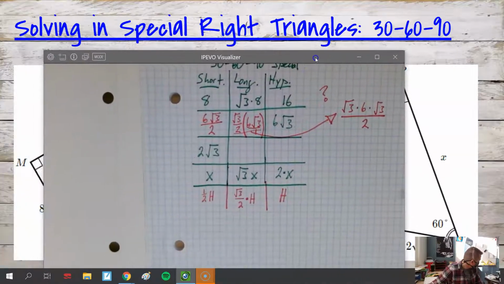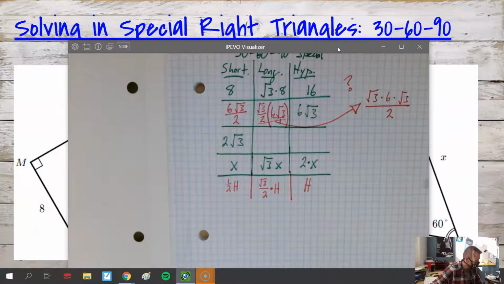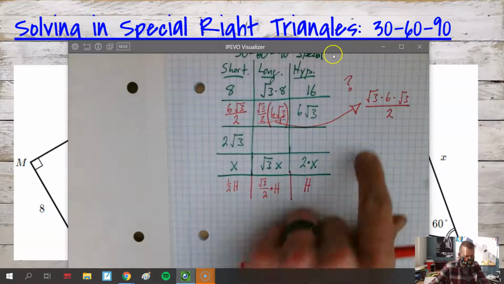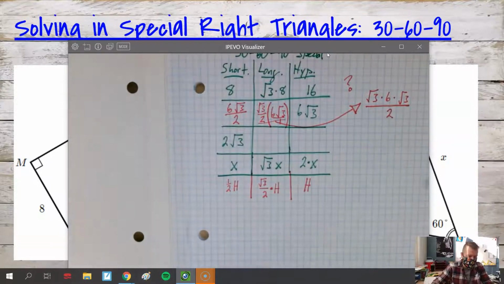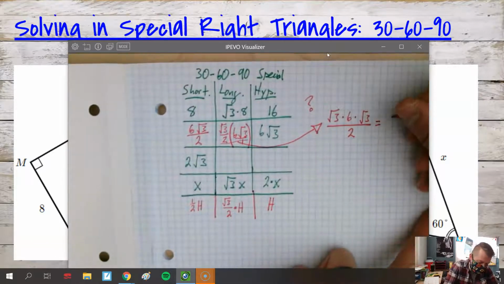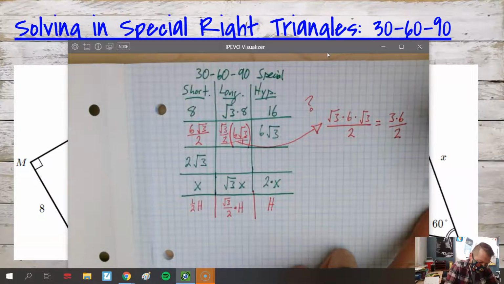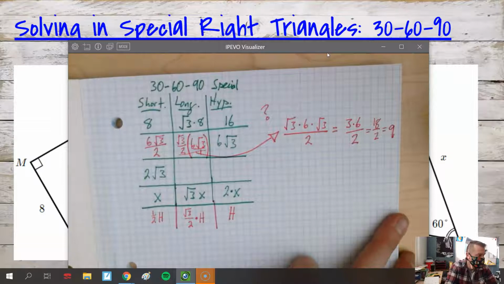So if I cover up a little bit more and bring this where you might be able to see it a little better. What can I do when I have radical 3 times radical 3? That's just 3, right? So this is really 3 times 6 over 2. Which is 18 over 2. Oh, this simplifies real nice. It's 9.